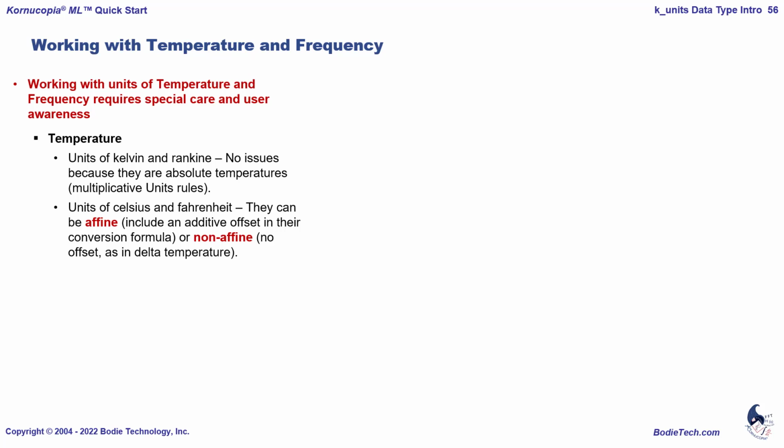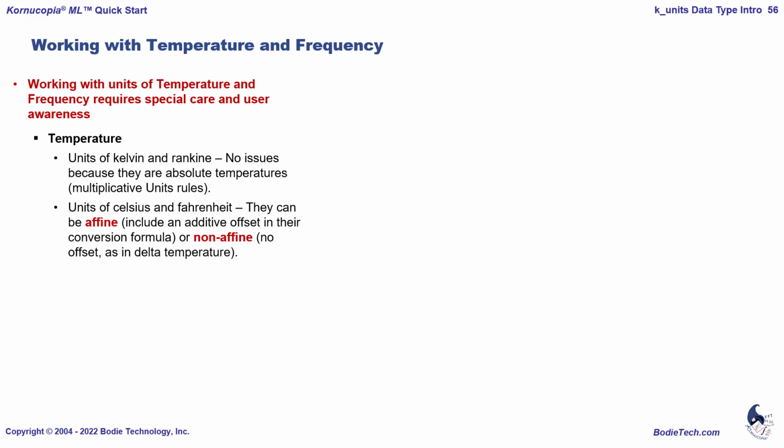So a simple example is if I have the temperature of boiling water is 100 degrees Celsius, and I want to convert that to Fahrenheit, that's an affine calculation. The conversion formula has the relationship between Celsius and Fahrenheit plus this offset.